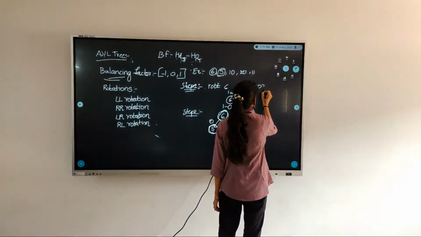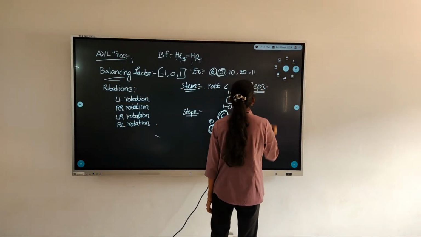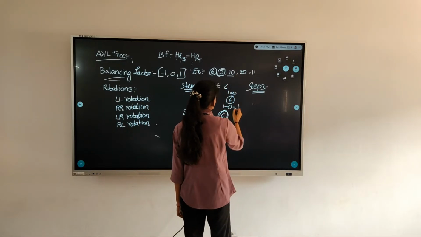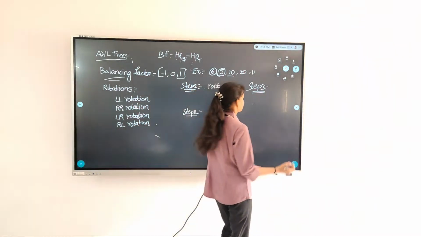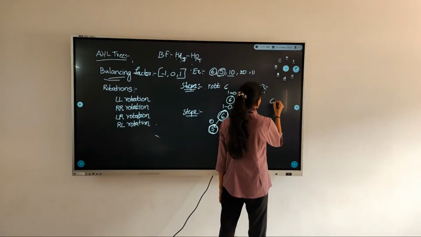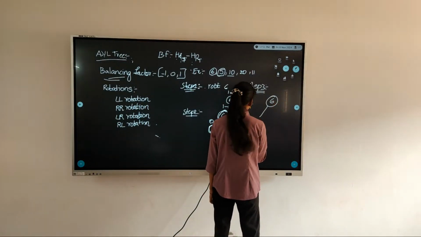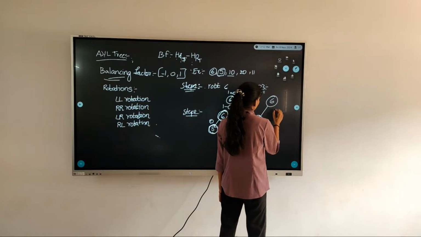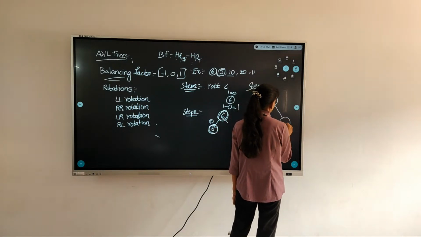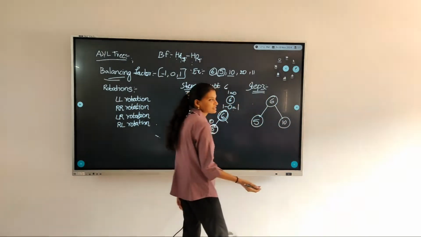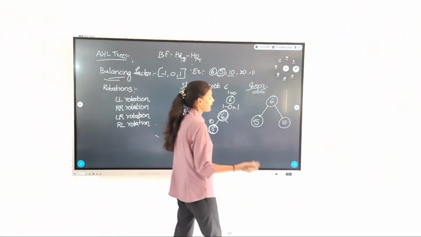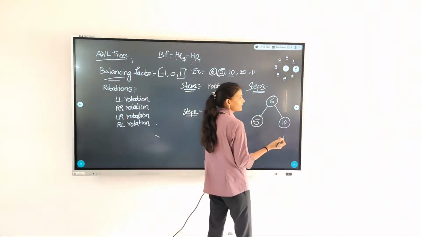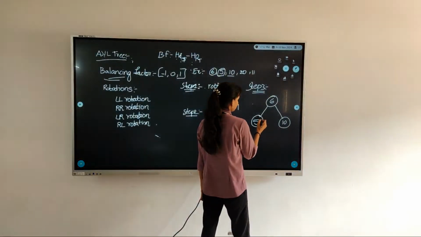Next, in step 3, we need to check whether 10 is greater than 6 or less than 6. It is greater than 6. So here we inserted it to the right side of the root node. Here again check whether the tree is balanced or not.